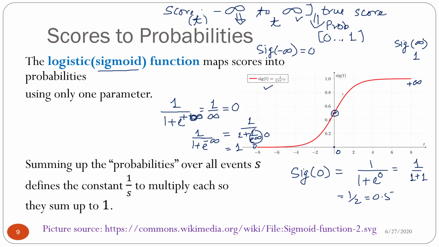And now again, the same point that we had in the previous discussion: we should make sure that these probabilities that we are getting are somehow normalized, such that when we add all these probabilities together, we get the sum as 1.